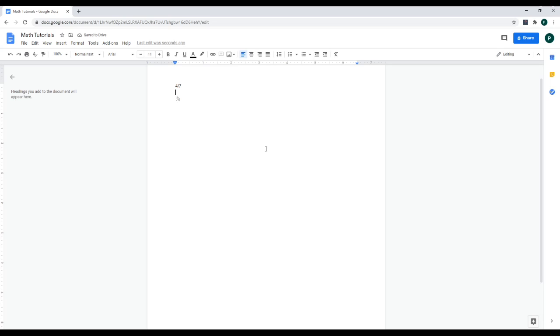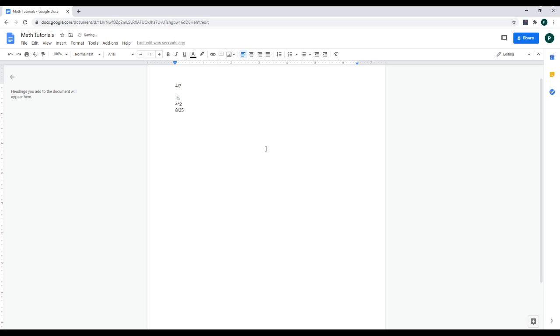So in order to get 4/7 by 2/5, what we do is we multiply the 4 by the 2 together, and that gets us 8. Then we multiply the 5 by the 7 together, and that gets us 35. So our answer is 8/35.